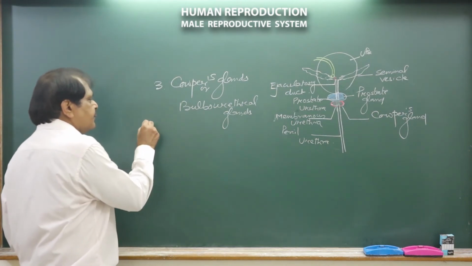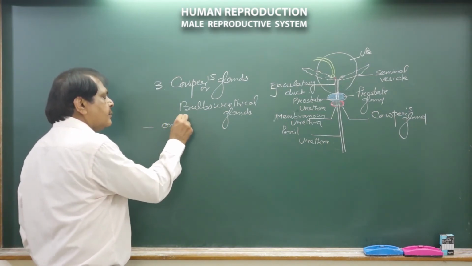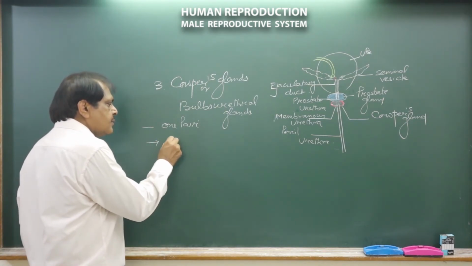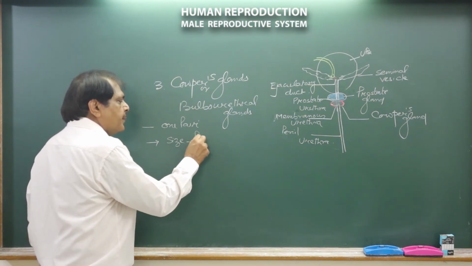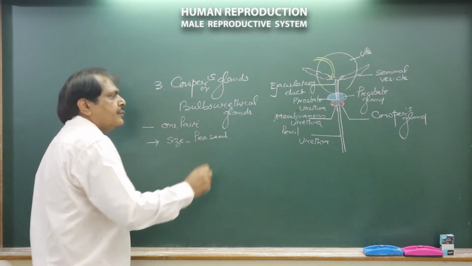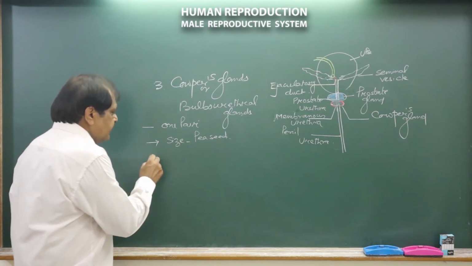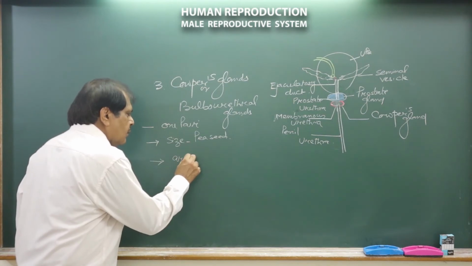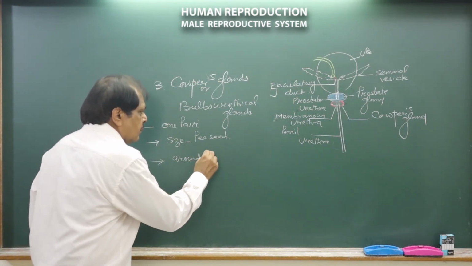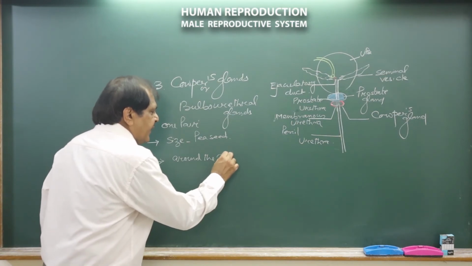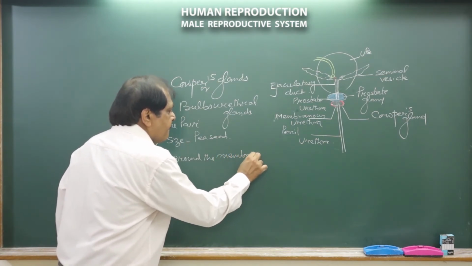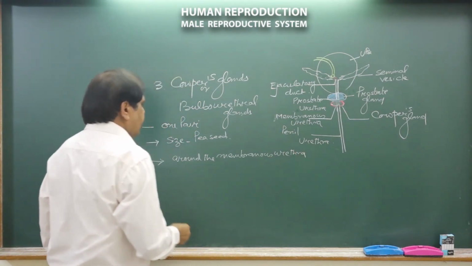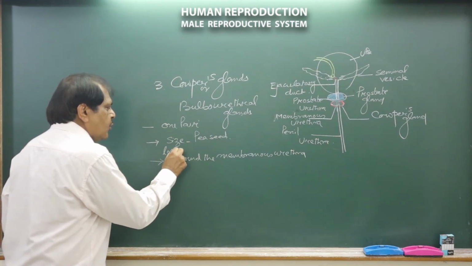Let us write it. One pair, size of a pea seed. Third, located around the membranous urethra.